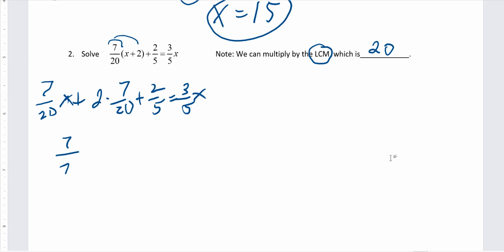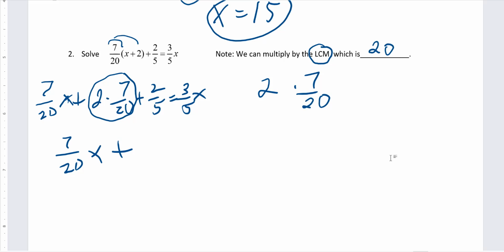I have 7 over 20 x plus, I'm multiplying these. I'm doing 2 times 7/20. Well, again, if you are multiplying a whole number by a fraction, it can be a good idea to turn the whole number into a fraction by putting a 1 underneath it.